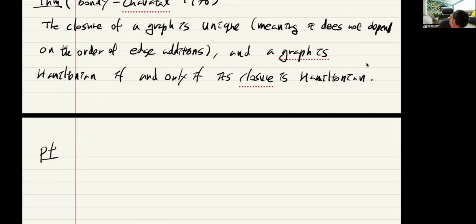The second assertion actually follows from Bondy's lemma.